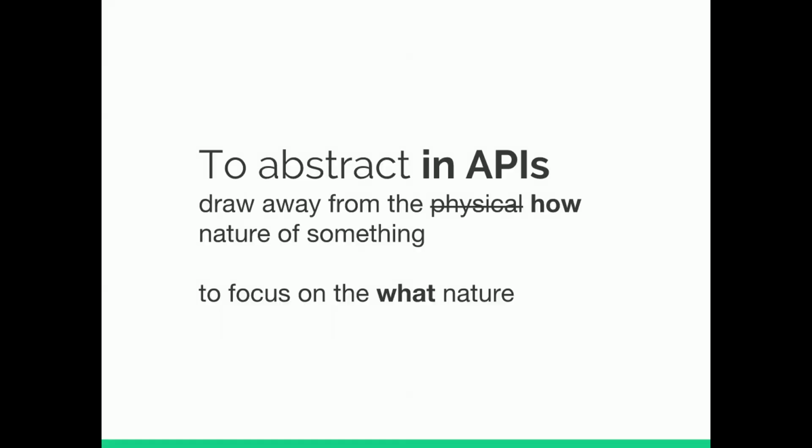And to abstract in APIs is to draw away from the physical, the how nature of something, to focus on the what nature. So with good APIs and good apps, you use them by telling what you want and not how you want it. And this is abstraction. This is good abstraction.